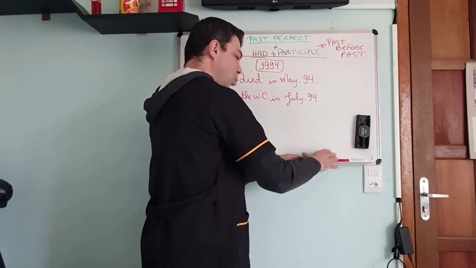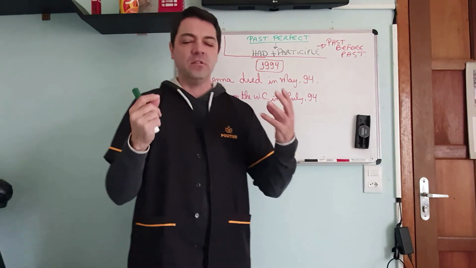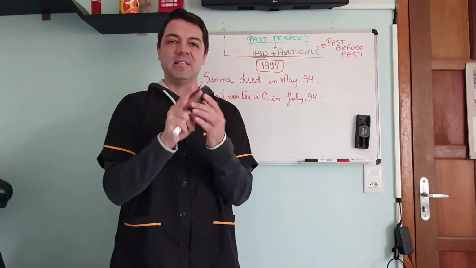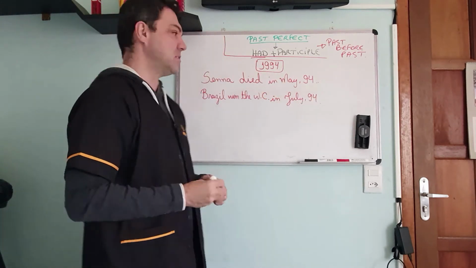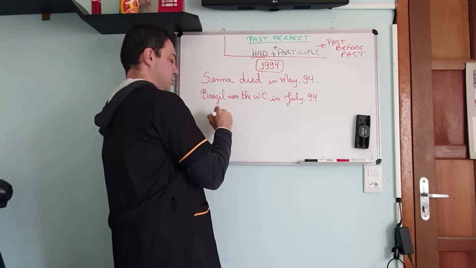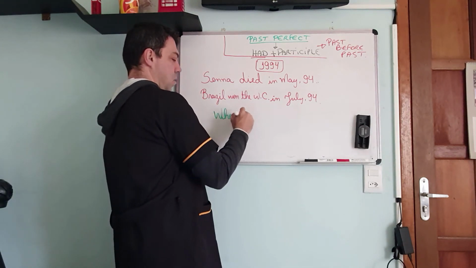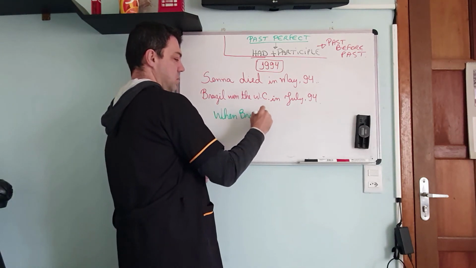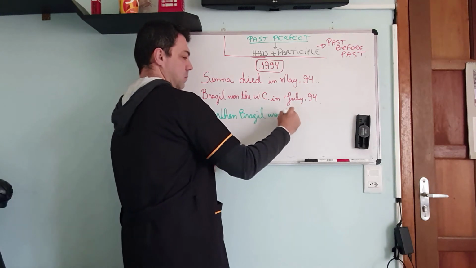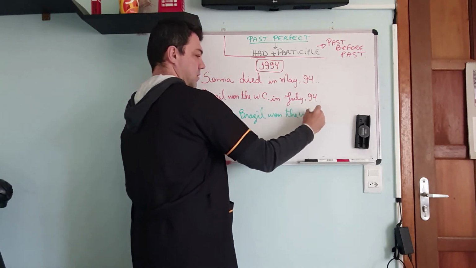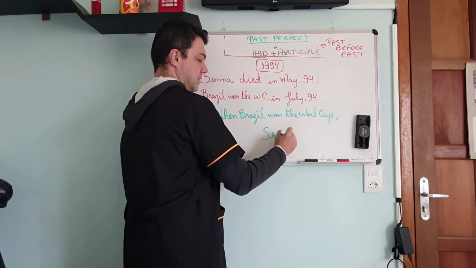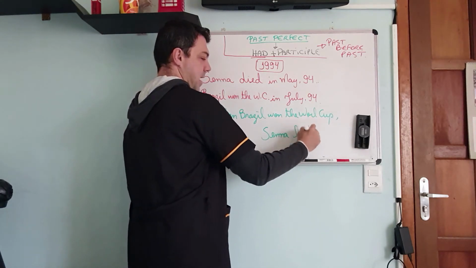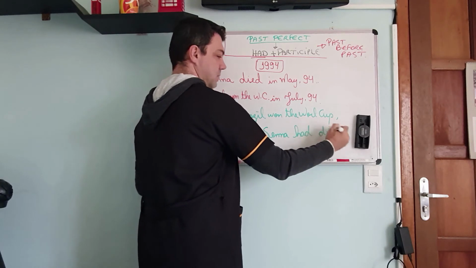But what do we want now? We want to talk about both events in the same sentence. That's when we have the past perfect. So I'm going to write here. When Brazil won the World Cup, Senna had died.